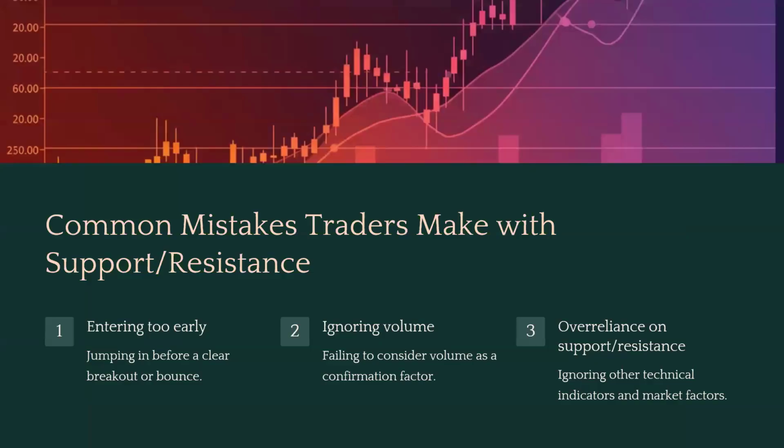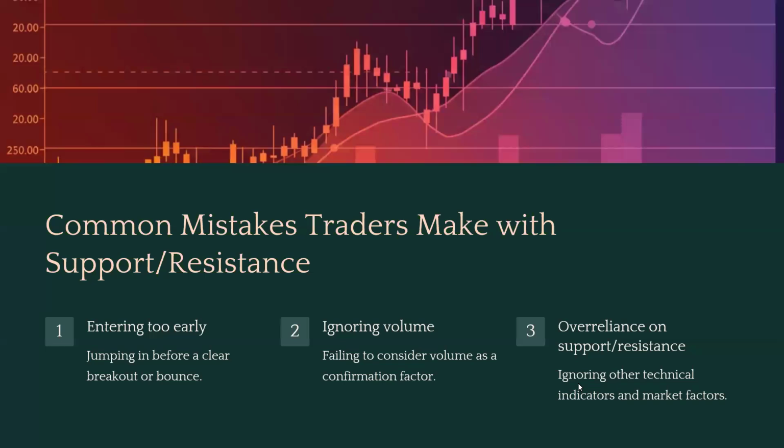Next, a common mistake traders make with support or resistance is entering too early, jumping in before a clear breakout or bounce. They might also ignore volume, failing to consider volume as a confirmation factor, and rely too much on support or resistance lines, whereby fake outs cause you to make wrong decisions.